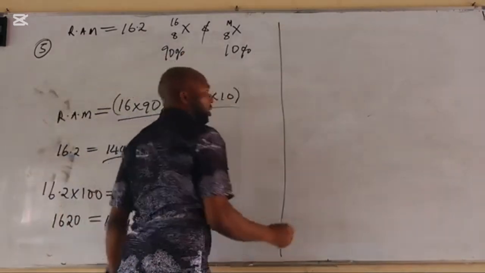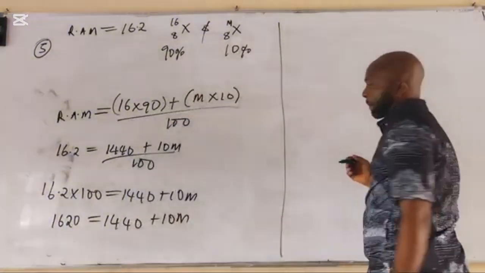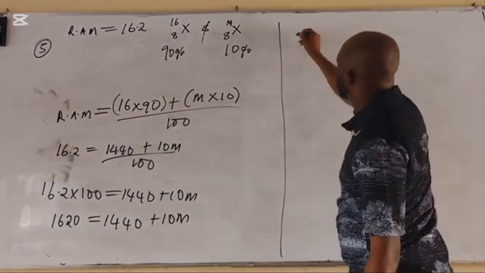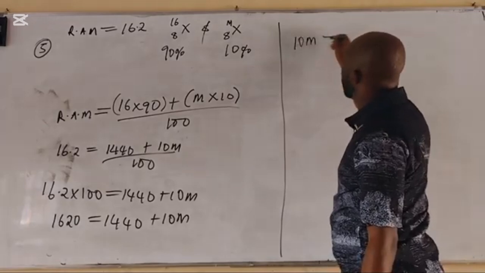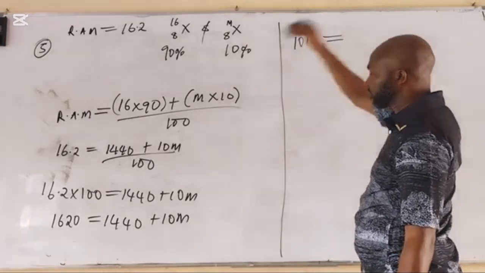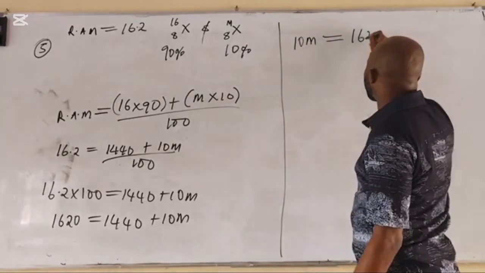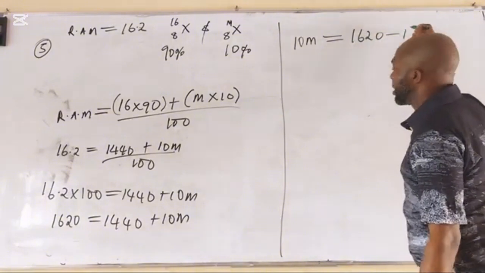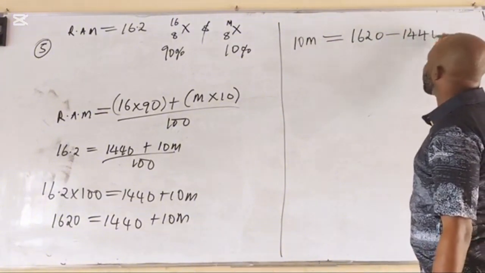Let's come this way. From here, if I make 10N the subject, this 1440 will cross over to the other side. So I have 1620 minus 1440.